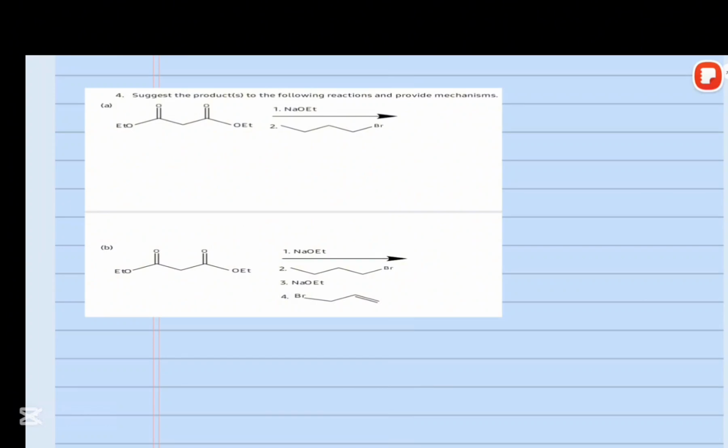In question A, we have been provided with dimethyl malonate, sodium ethyl oxide and our alkyl halide.